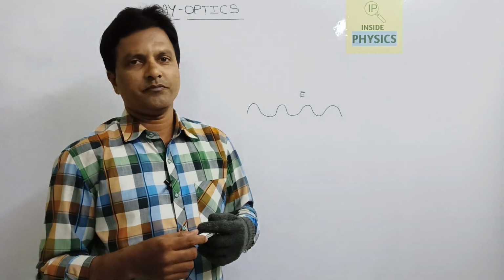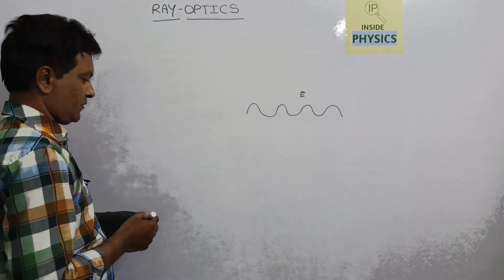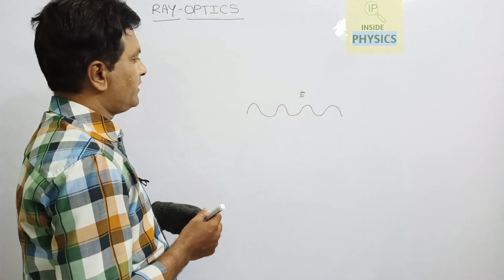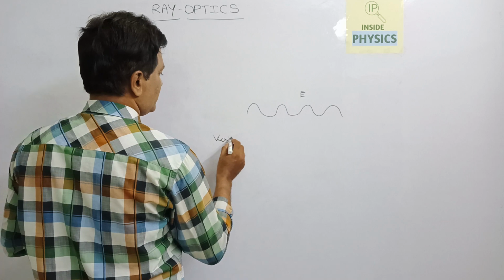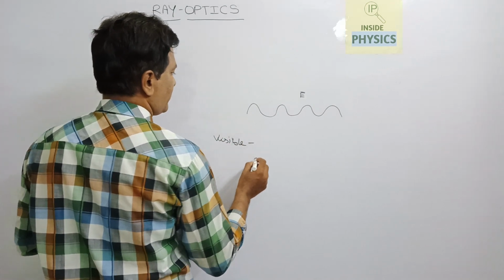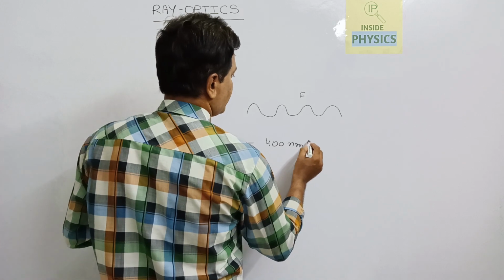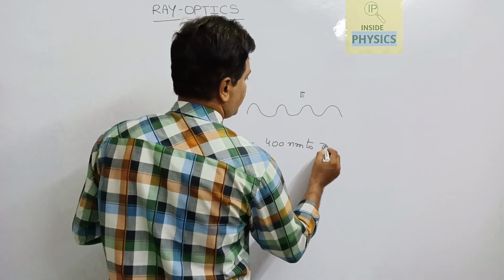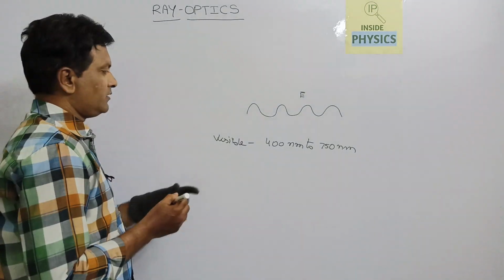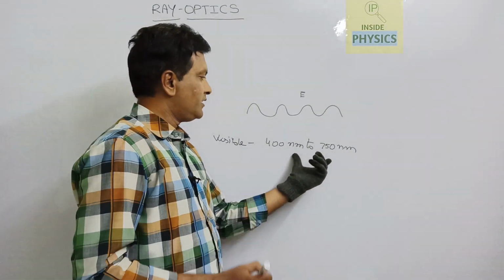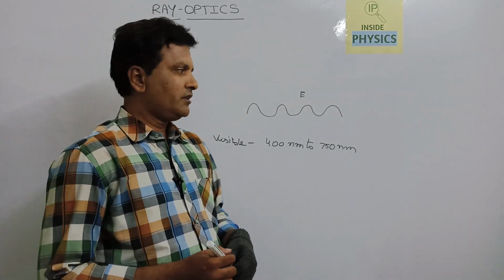Simultaneously, the electric and magnetic fields push through each other, the propagation of light happens, and the light wave moves further. In the electromagnetic spectrum, the visible spectrum is between 400 nanometers and 750 nanometers. Only within this wavelength range can we see light.